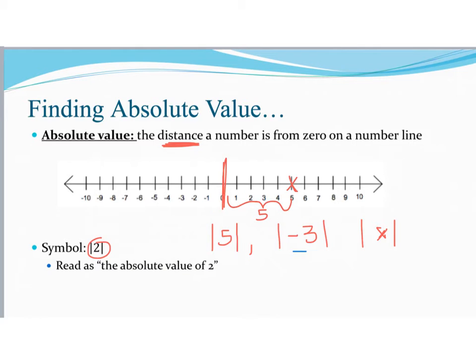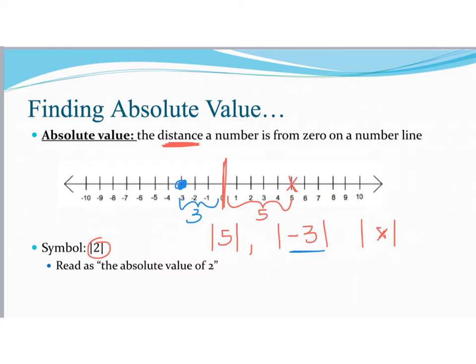Likewise, if I plot my negative 3 right here, I can see that the distance from 0 is actually 3 units. It's not negative 3 units. I want to know the distance from 0, so the distance from 0 is just 3 units.